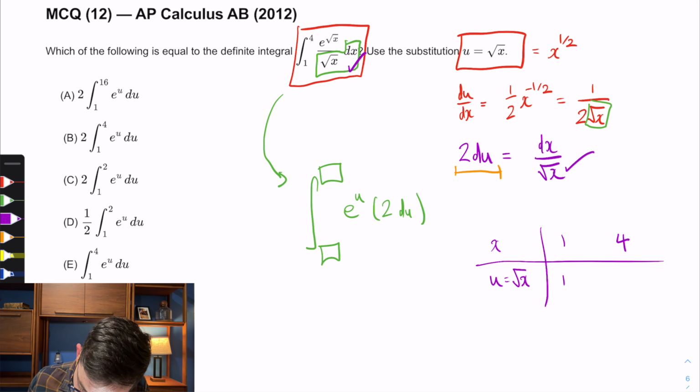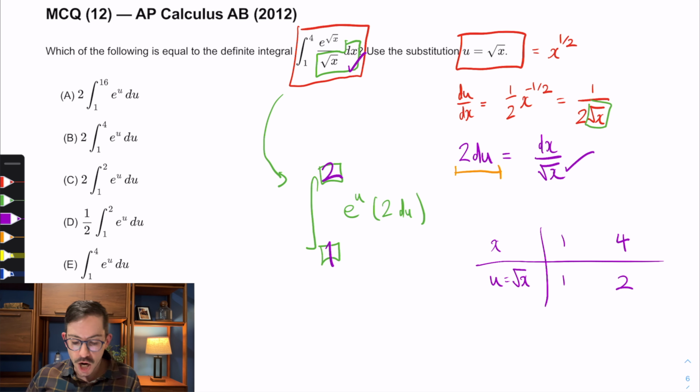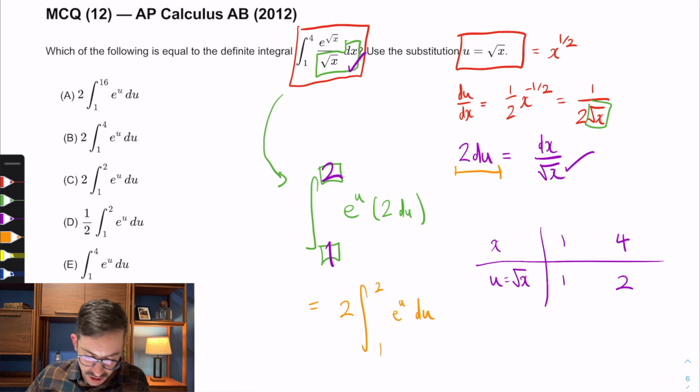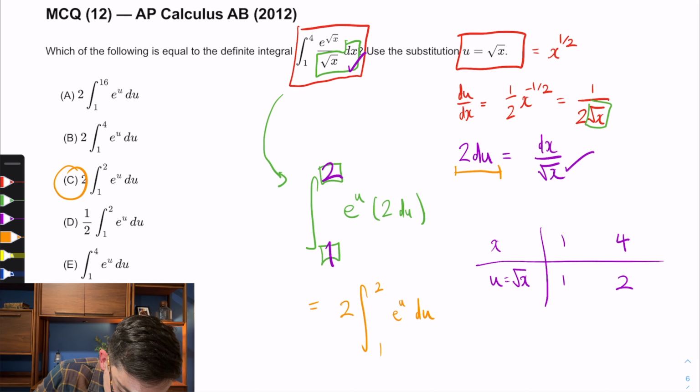So the square root of 1 is 1, and the square root of 4 is 2. So that tells me my limits are 1 and 2. Hopefully this is one of my answer choices. You can see I need to tidy it up a little bit. I'll pull out that constant 2. But this is what we have. And this is answer choice C.